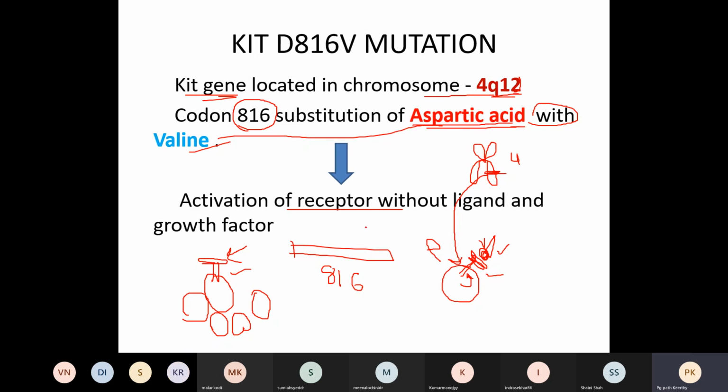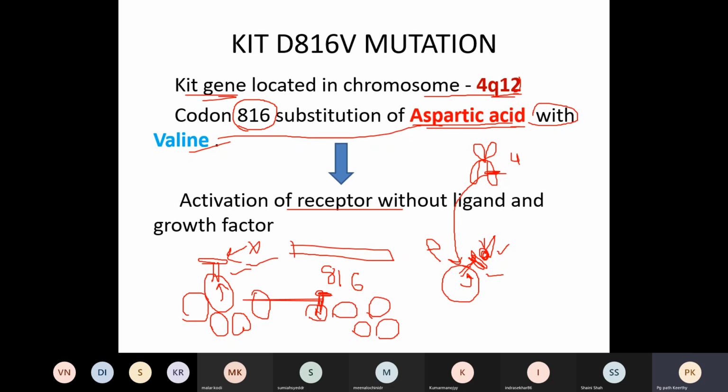So it does not require any growth factor or ligand for its activation, and it escapes the feedback or inhibitory mechanism. So as a result, it will be continuously active. This receptor is continuously active, causing excessive proliferation.